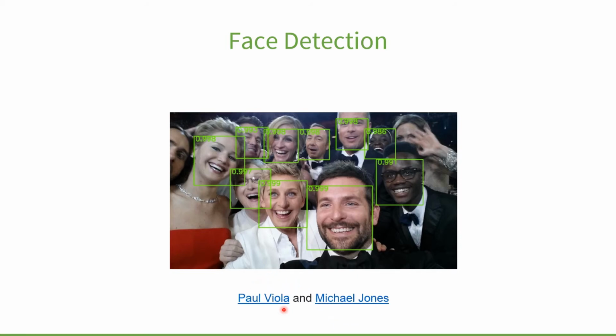Here we are going to see a decade-old detector still used in a lot of mobile cameras and digital cameras, the Paul Viola and Michael Jones face detector. We will call it the Viola-Jones detector. A lot of deep learning models overcome it now, but it is one of the best and has stood for 10 plus years.